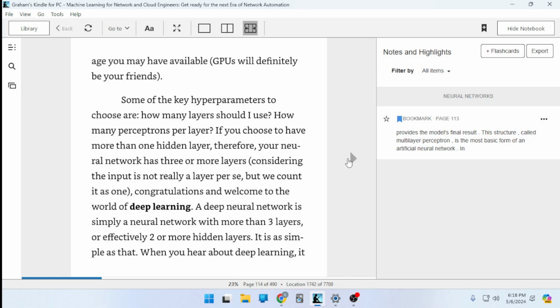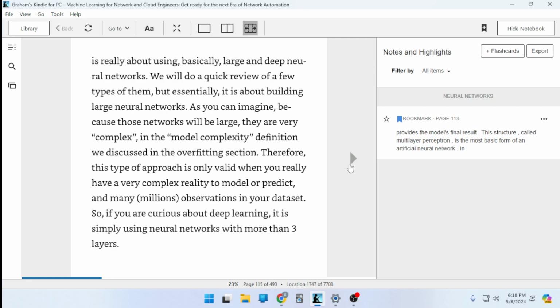A deep neural network is simply a neural network with more than 3 layers, or effectively 2 or more hidden layers. It is as simple as that. When you hear about deep learning, it is really about using basically large and deep neural networks.